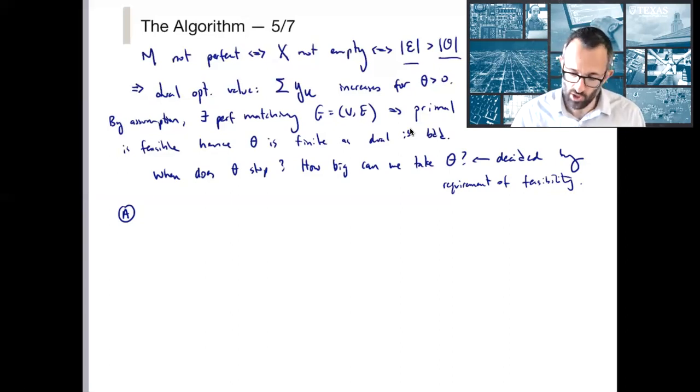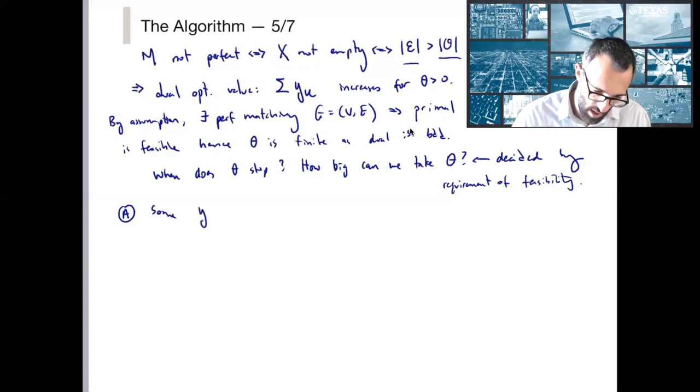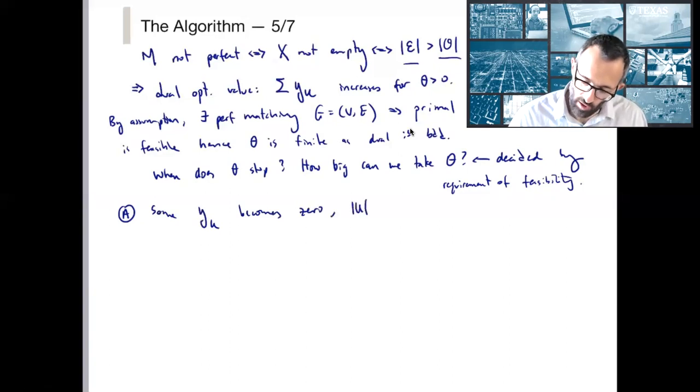So it might stop if some yu becomes 0 for u an odd cardinality subset bigger than 3. Remember that subsets of size 1 are allowed to be negative. We don't have a non-negativity constraint on those.